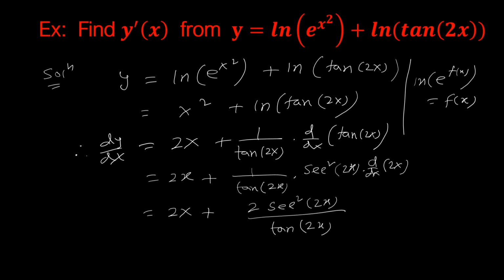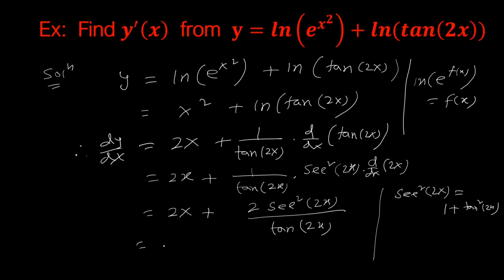If further simplification is not needed, you can stop here, but you may, if you want, simplify with this formula: secant square 2x is equal to 1 plus tan square 2x.